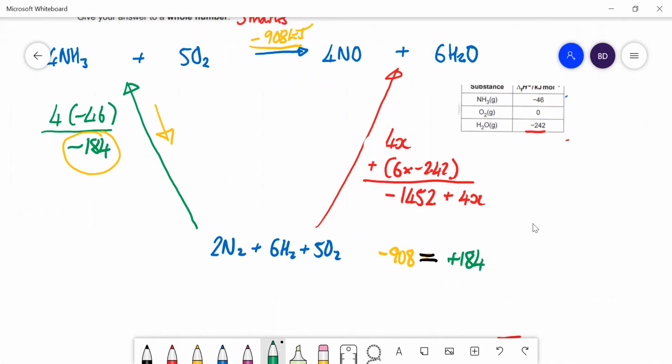We're going with the red arrow, so we keep the sign, so it's minus 1452 plus 4x. Right, let's do a little bit of rearrangement there. So we're going to get minus 908.